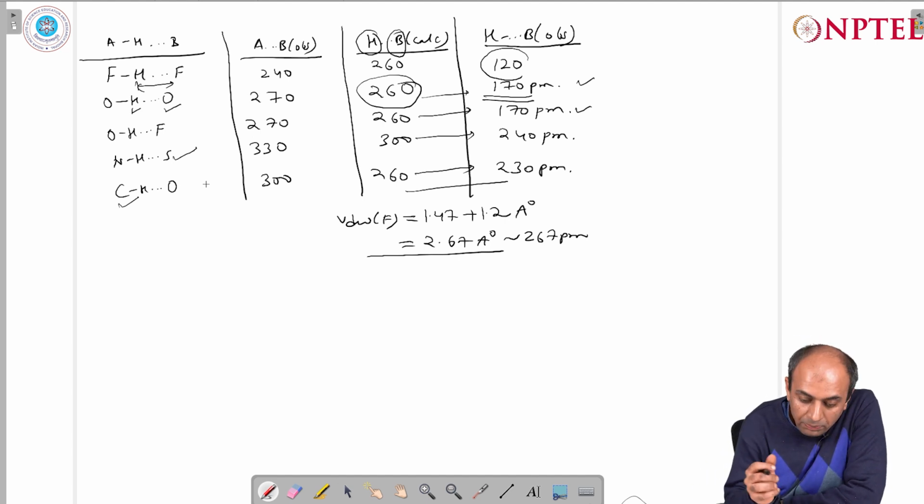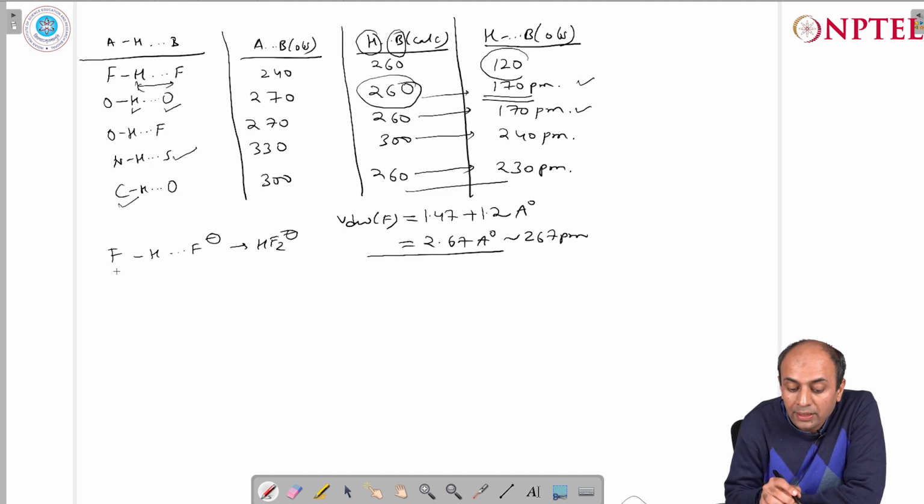So particularly in case of fluorine, this is a situation which is more intrinsic. For example, we can look at HF2 minus. We know that the next thing to be concerned about is the directionality.